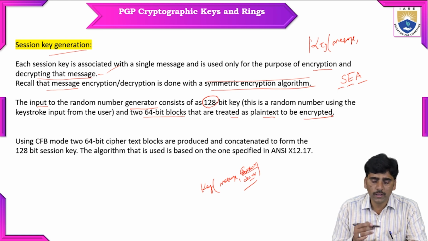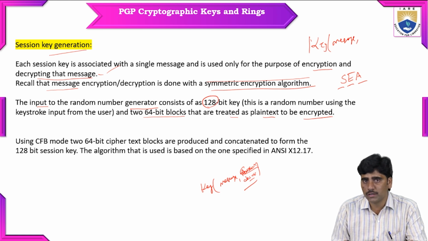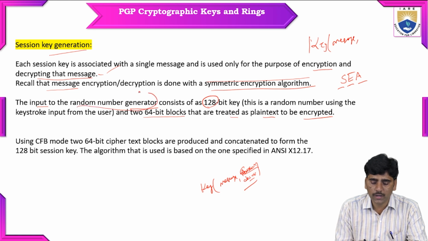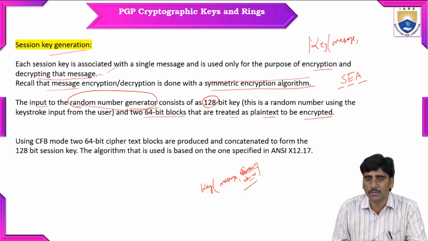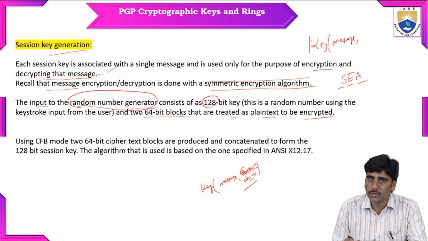So the input to the random number generator. The random number generator generates numbers randomly. Suppose, for example, the first number it generates is 1, the second is 4, the third is 3, and the fourth is 7.